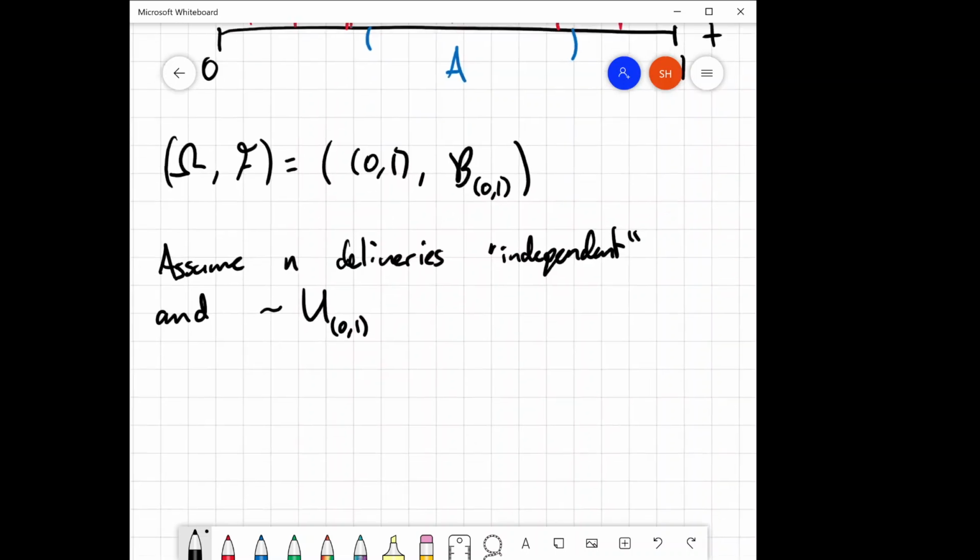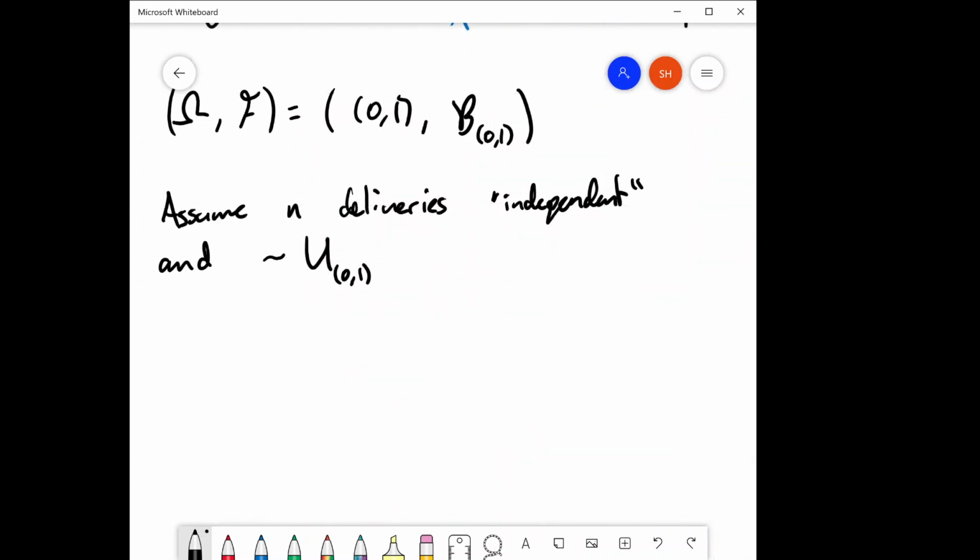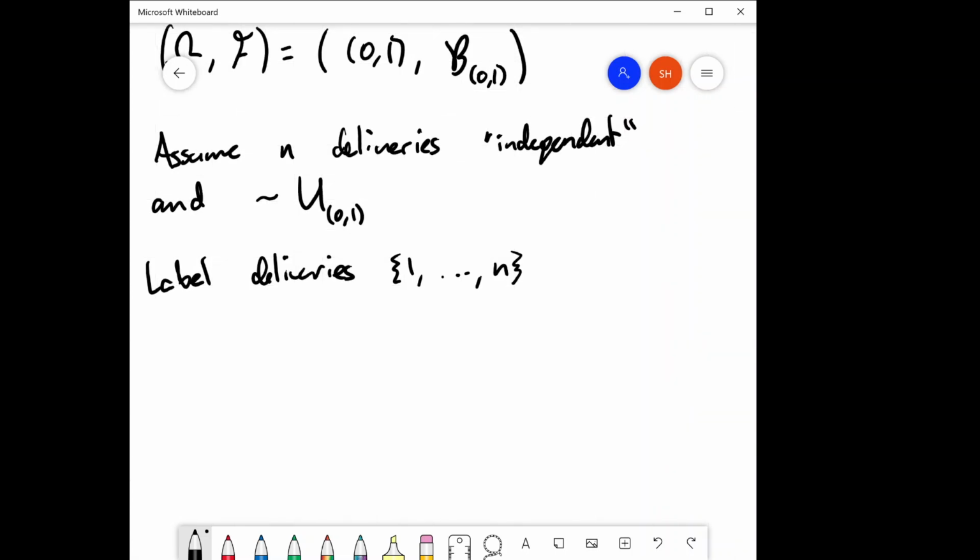Okay. Well, a sample space we could have for the collection of n deliveries, where we label deliveries 1 up to n, is going to be 0, 1 to the n with its Borel sigma algebra.